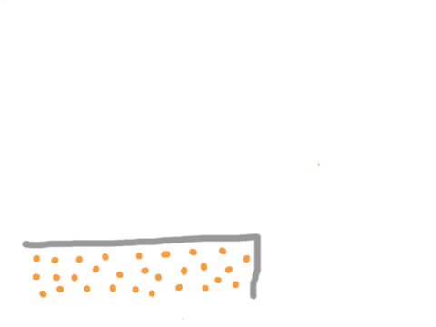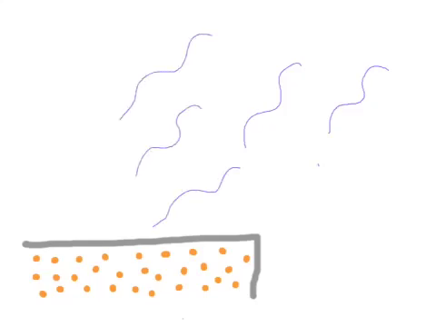So the model that Einstein used to explain the photoelectric effect was that rather than a continuous wavefront, the ultraviolet radiation, the electromagnetic radiation coming in, consisted of particles or photons of light. Each of these represents one photon of ultraviolet radiation, and I've drawn them as little wiggly waves.